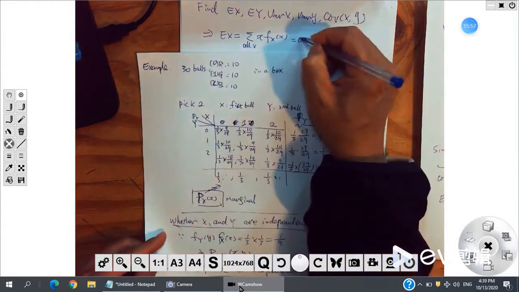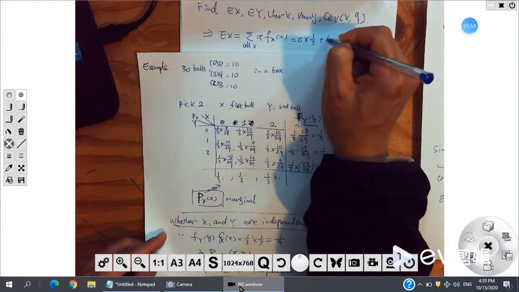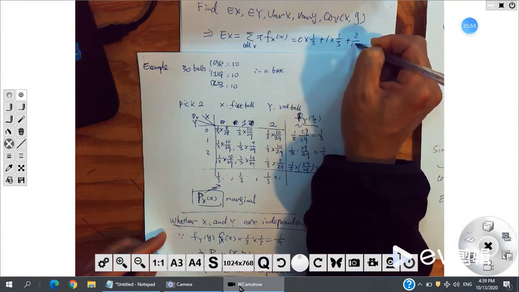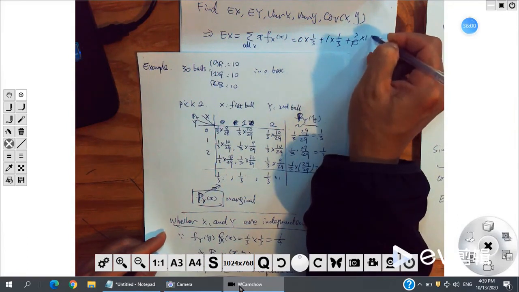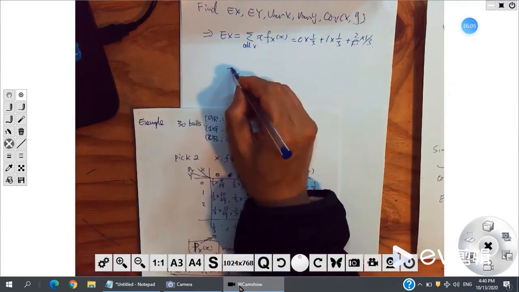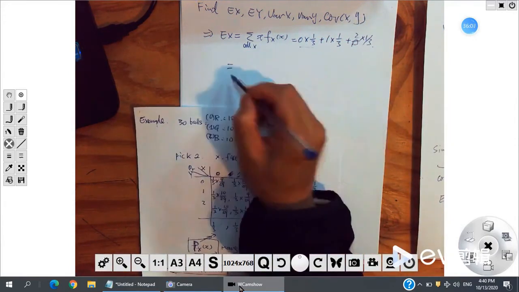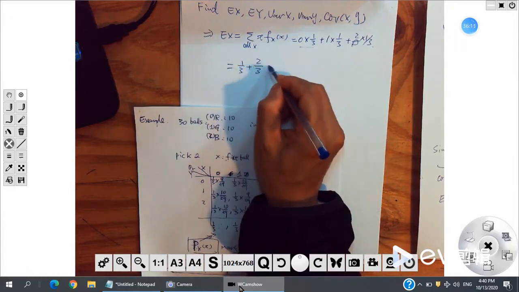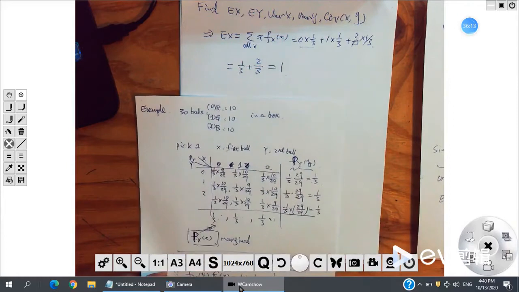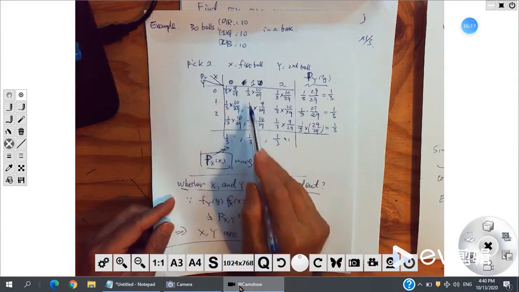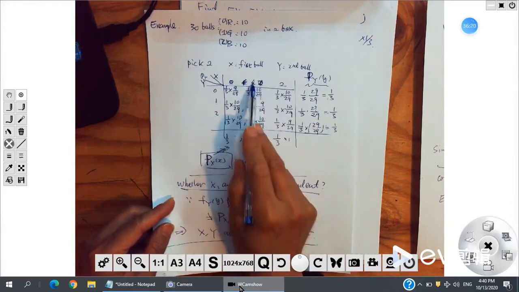So 0 times 1/3 plus 1 times 1/3 plus 2 times 1/3. Okay, so what is this? This is 0, the second term is 1/3, and the last term is 2/3. It is 1. Okay, the mean value is 1. For x, we have 3 possible values, so the mean should be 1.